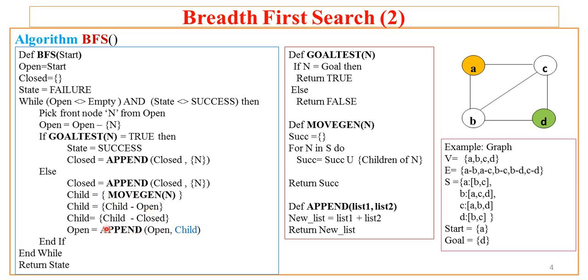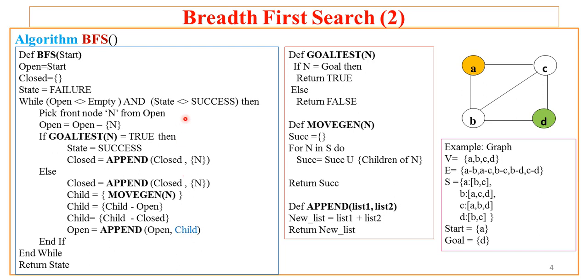Then whatever child nodes remain after removing what is in open or closed are appended to the open at the end, and adding the child nodes to the open at the end is nothing but a queue, because anything which is added at the end or the rear is a queue. So this way our open will be working as a queue.